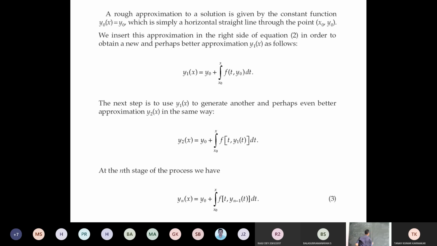So then now your y2x. This is again equal to y naught. This is 1 plus 0 to x f of t, and then what is y1t? This is simply 1 plus t. Is it okay? Fine.